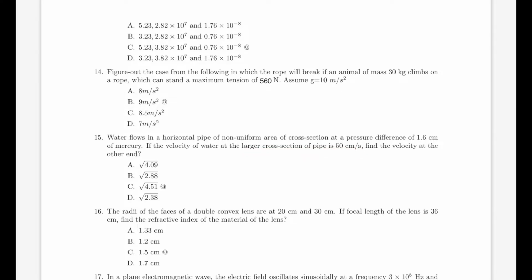Here I am going to use the Bernoulli equation, and since the pipe is horizontal, there is no effect of the potential term, so we can write P1 plus half rho V1 square is P2 plus half rho V2 square. This 1 and 2 defines 2 points of different cross section areas.